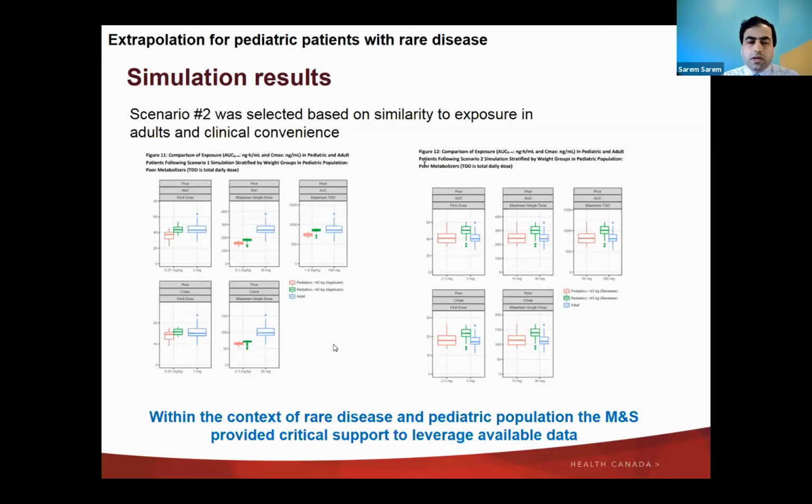And here you can see a good example where the use of modeling and simulation was very critical and very useful to support the approval, to have a better understanding, and finally to have an informed assessment and decision.